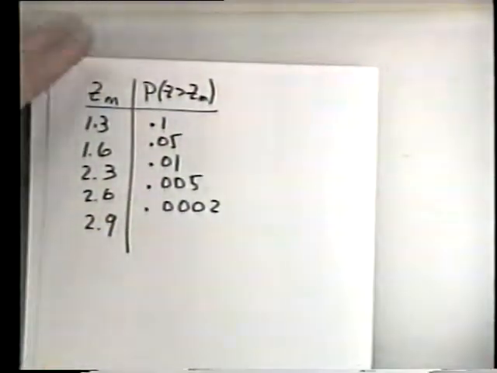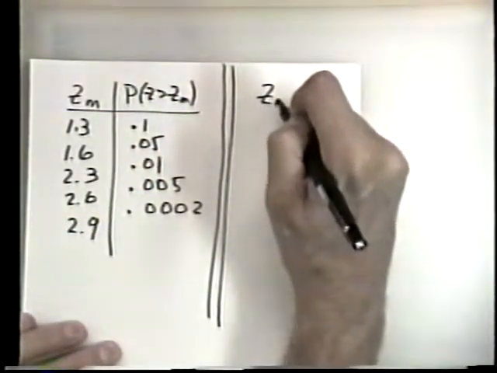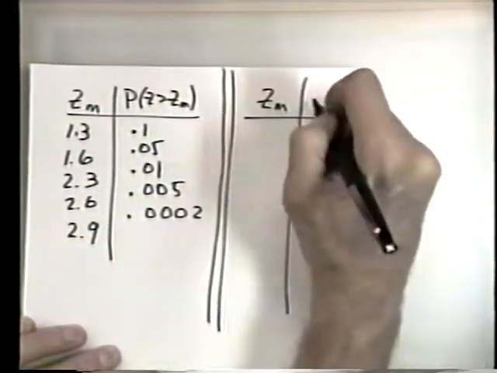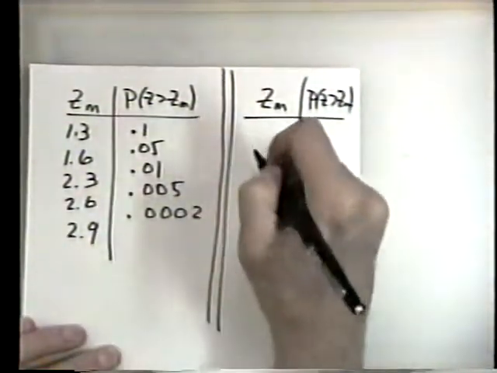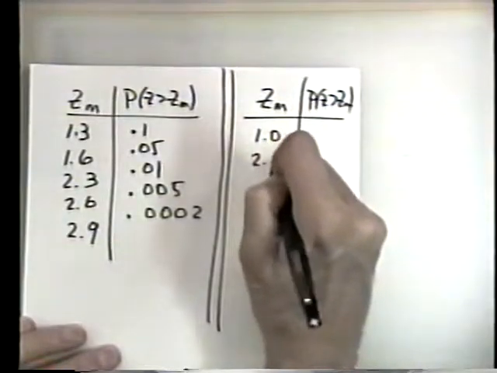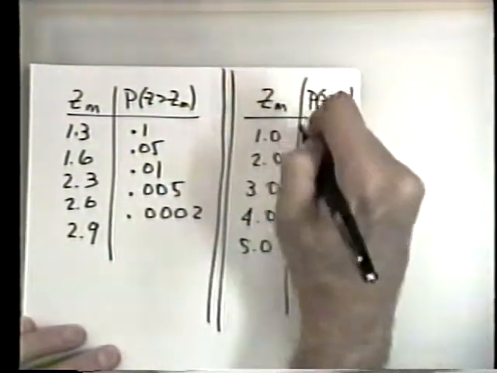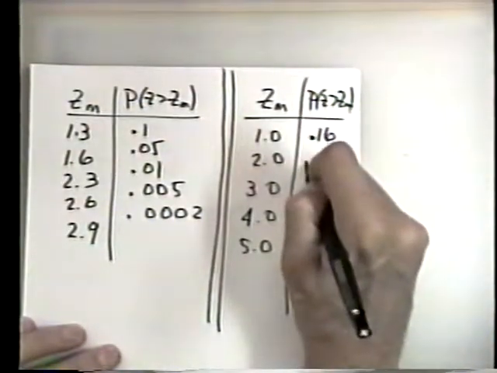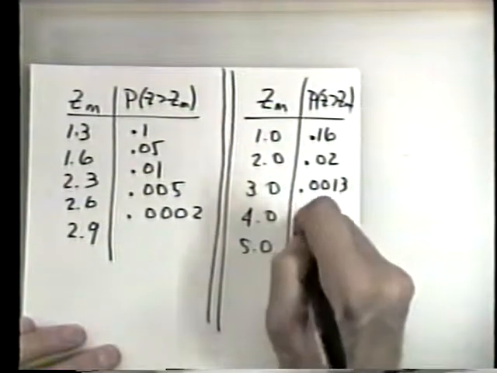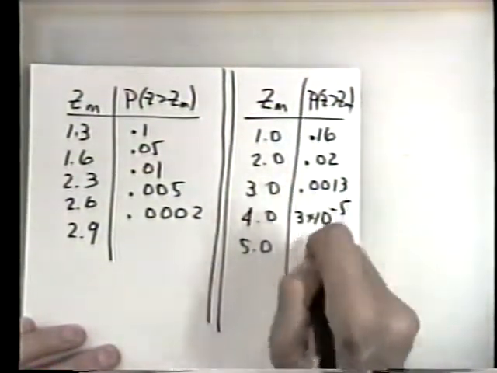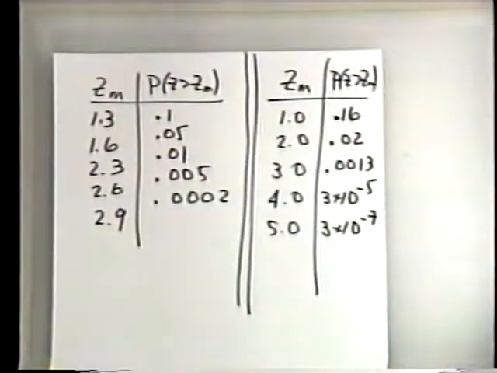Or I can make the same table with even values of Zm, and then the probability of z greater than Zm for those values. So if I make Zm 1.0, 2.0, 3.0, 4.0, 5.0, the probabilities are 0.16, 0.02, 0.0013, 3 times 10 to the minus fifth, and 3 times 10 to the minus 7. And these tables are in Spiegel's book, too.